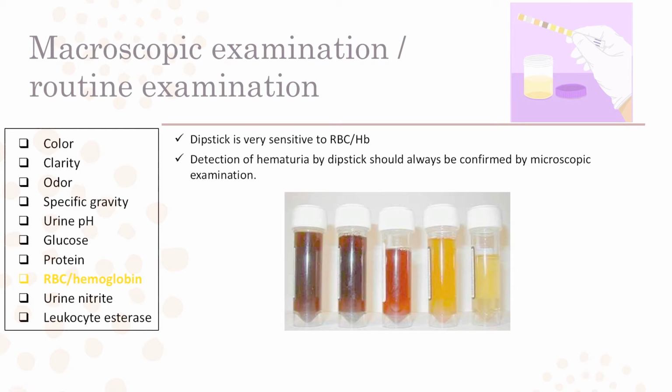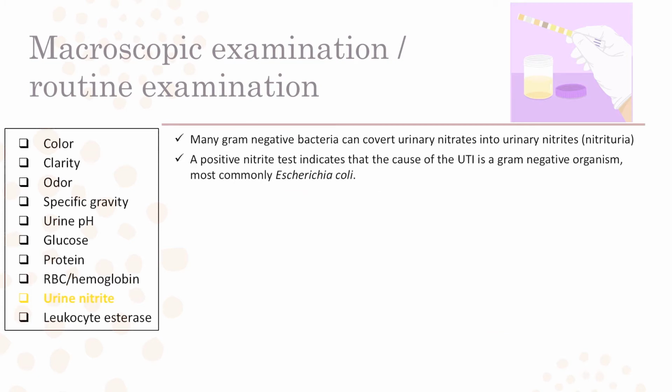If the RBCs lost are very few, then the urine might not appear red in color, but in the dipstick it will show the presence of RBC or hemoglobin. So once the dipstick examination is positive, we further confirm and quantify the RBCs, how many RBCs are present, through microscopic examination under a microscope.